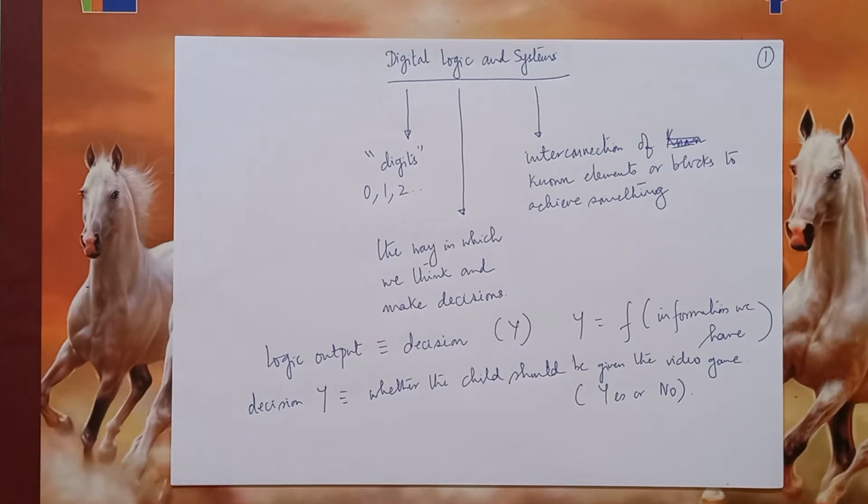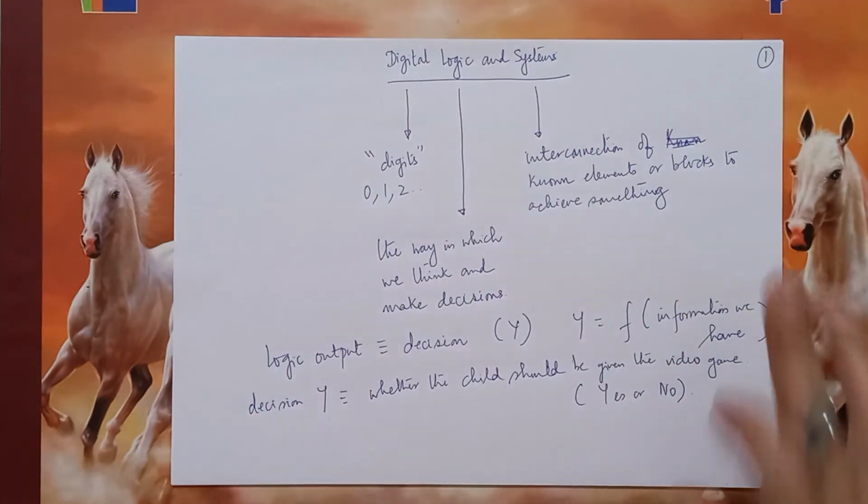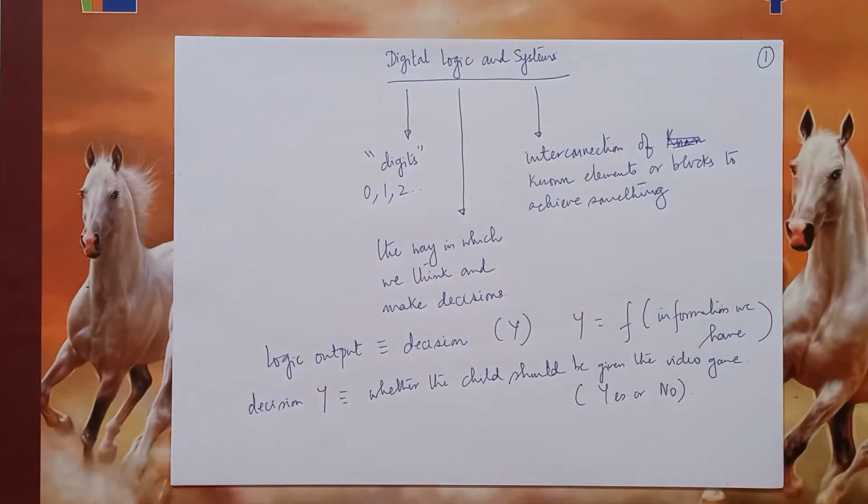Therefore, for the parents to take this decision, to arrive at a definite outcome of either yes or no, certain information must be known. Certain constraints must be met.